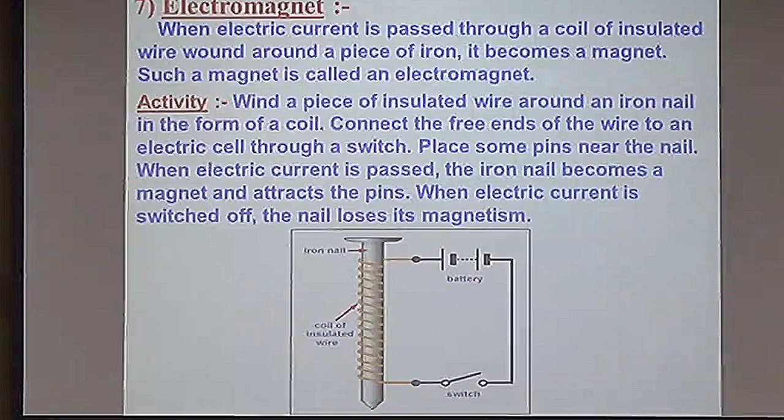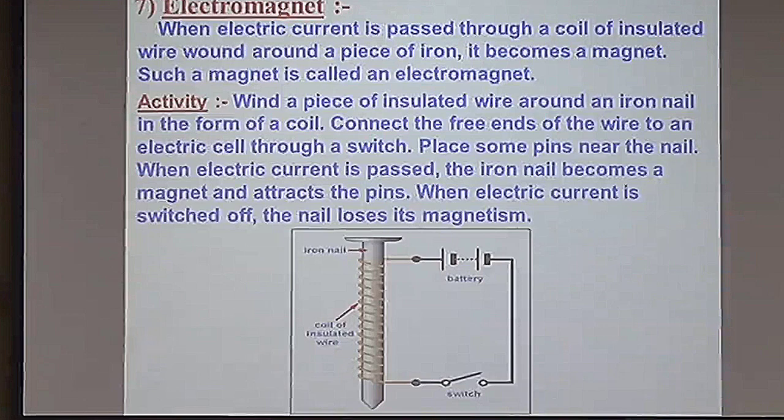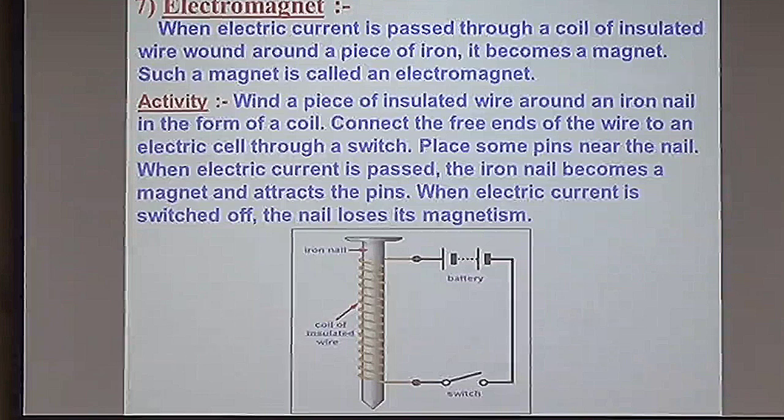This shows us that on the application of electric current, this iron nail behaves as an electromagnet. So this is a simple electromagnet made from an iron nail. When we switch off the electric current, this iron nail is no more an electromagnet but a simple piece of iron.